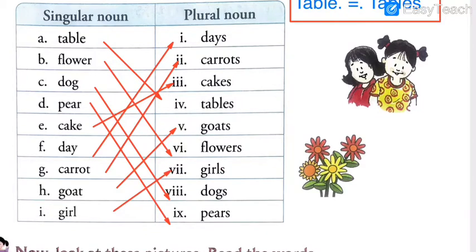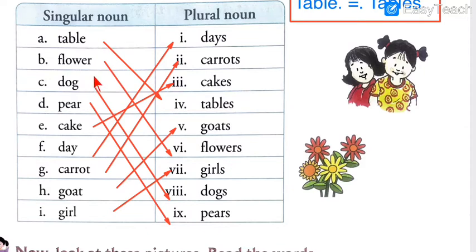So students, I will repeat for you. It's time for you to repeat after me. We will repeat singular, plural. So let's get started. Please repeat loudly and clearly. Table, tables. Flower, flowers.